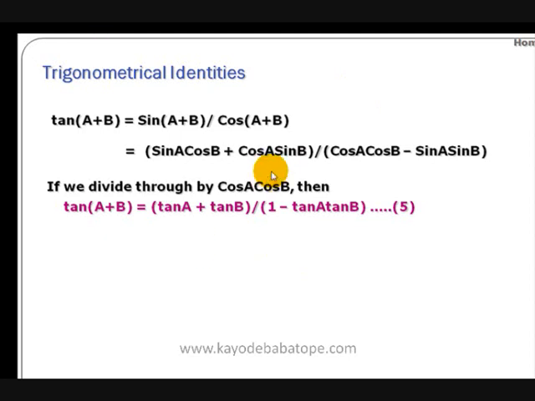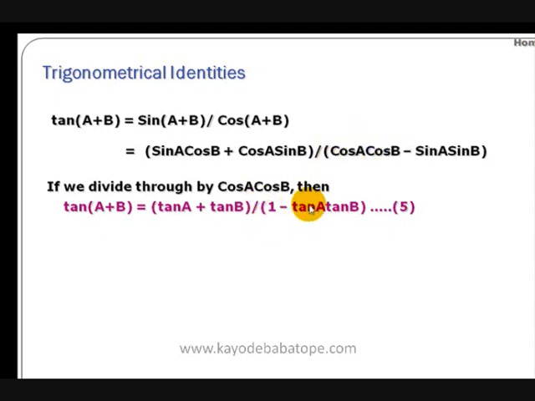Cos A, we cancel out cos A, and what we'll be left with is sin B over cos B, and sin B over cos B is equal to tan B. Okay? Now, cos A cos B over cos A cos B, that is 1.